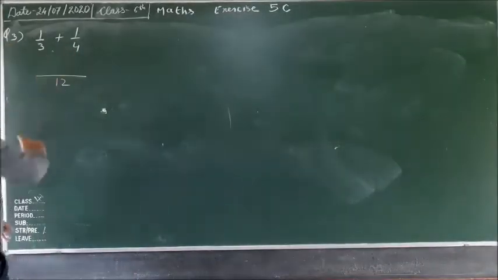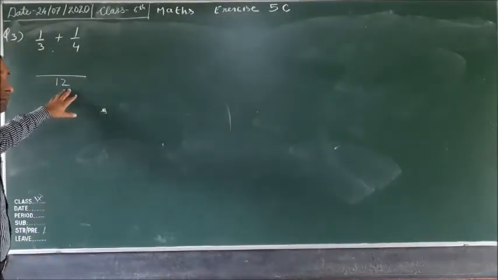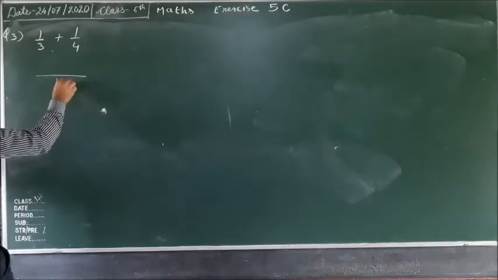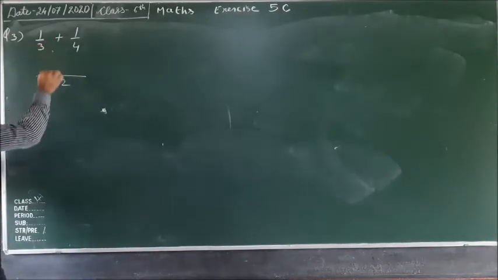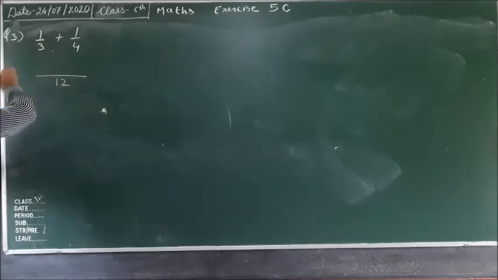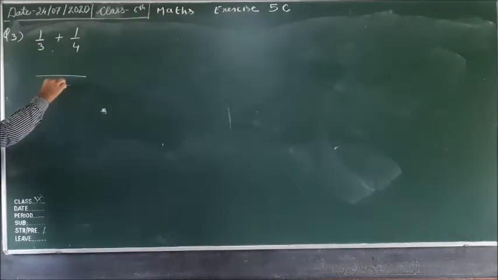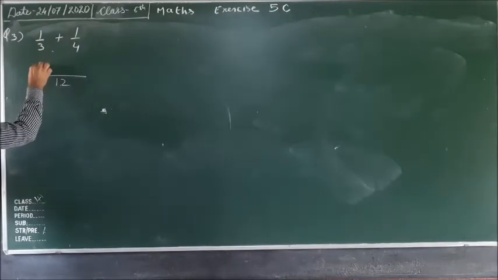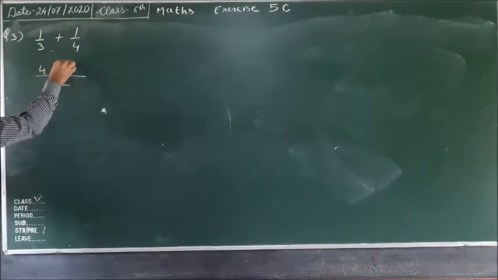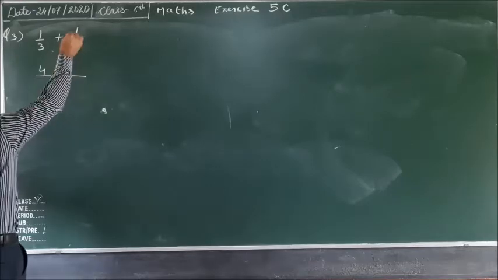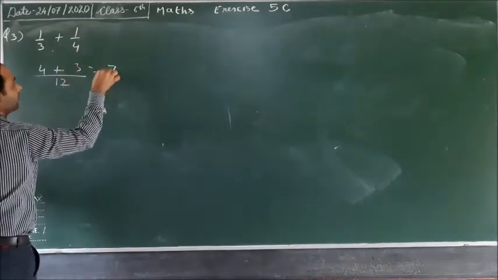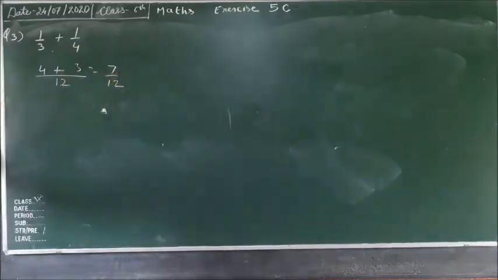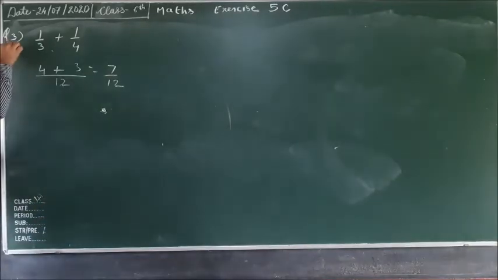So 3 fours are 12, and your LCM is 12. When LCM is divided by the denominator, 3 fours are 12, the quotient is 4, and 4 multiplied by 1 equals 4, plus 4 threes are 12, and 3 ones are 3, equals 7 upon 12. This is your answer. Okay.